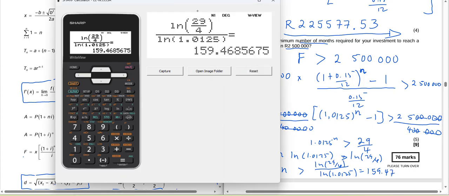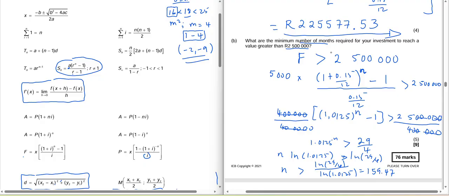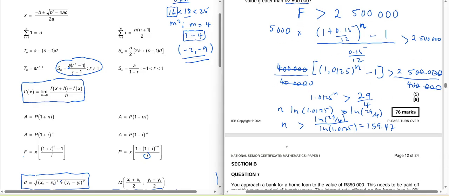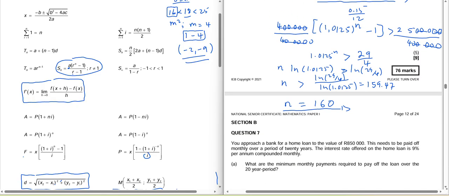But the question is asking about the minimum number of months, so we want it in full. From there we can conclude that n is supposed to be 160. We round it up, because if you round it down and put it in your equation, it will never be greater than 2.5 million. But if you round it up, then it will be greater, which is 160.